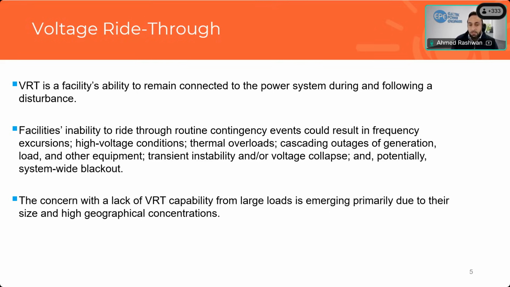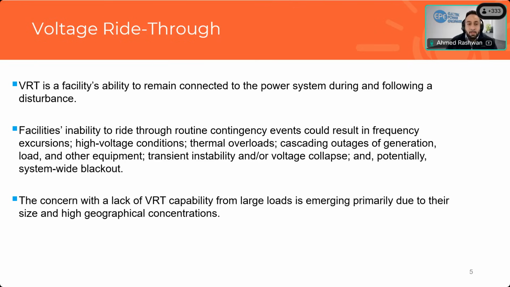There's certainly potential for high voltage conditions, thermal overloads, cascading outages, transient instability, voltage collapse. You name it, the size of these facilities, and as they become more prevalent, if they fail to ride through collectively, your post-contingency configurations that you expect are going to be drastically different than what you get. And so it's really important for us to have predictability and stability in our predictive analytics.